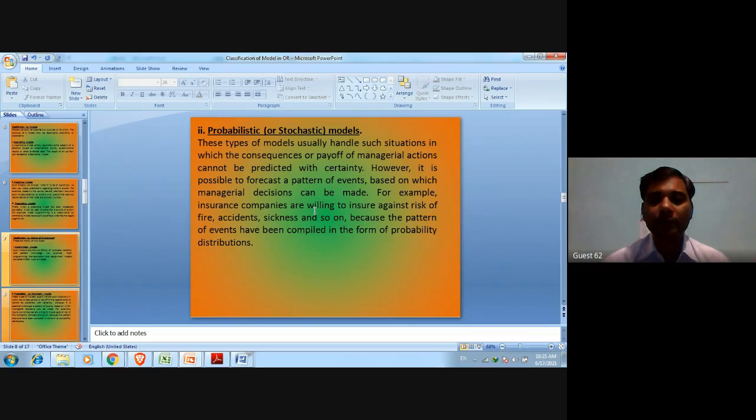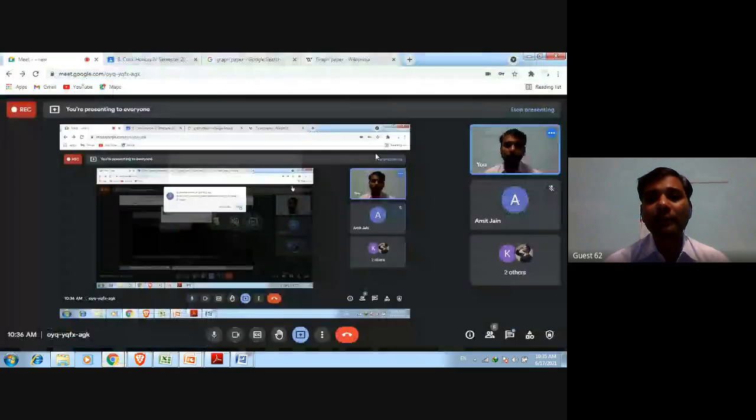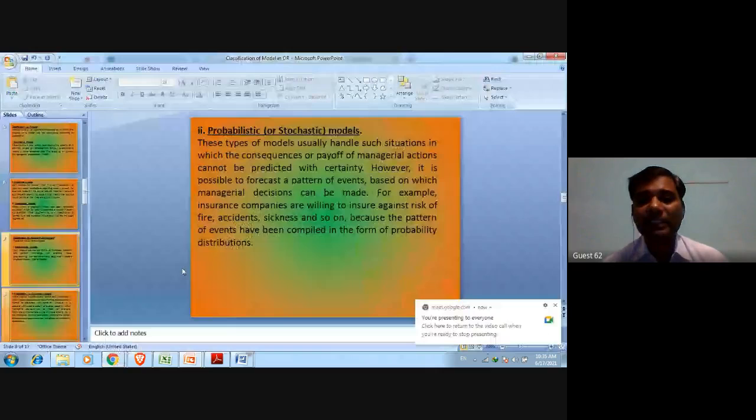If you are playing a game and you have doubt whether you will win or not, there is a chance of your winning, that is 50-50. So the probability of winning your match is 1/2. So this is the chance. When this type of model occurs, it is called a probabilistic model.